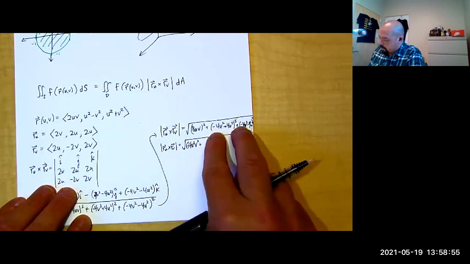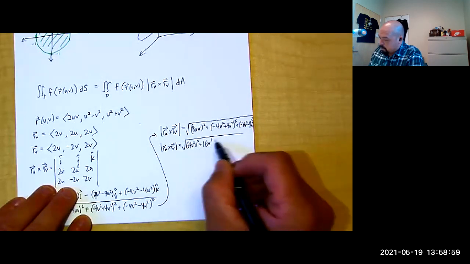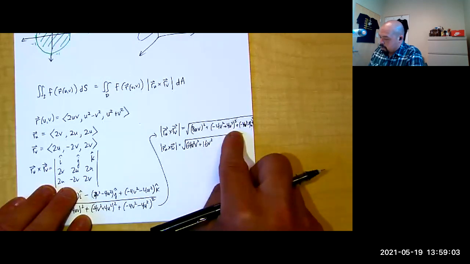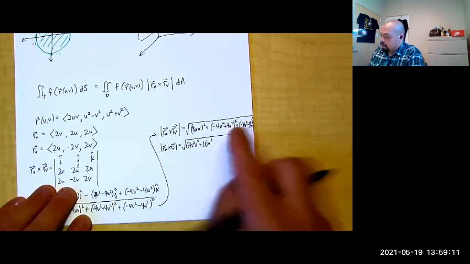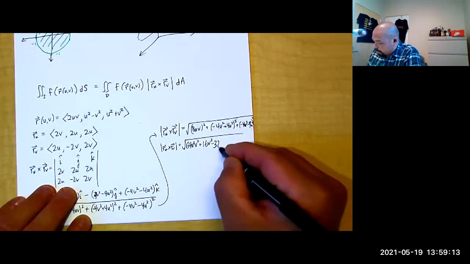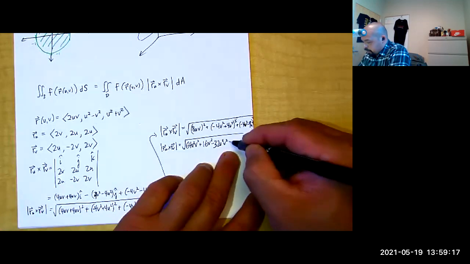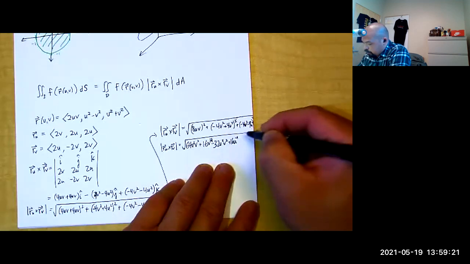Now, expanding that out, 4 times 4, we get 16 v squared, negative 4v squared times a positive 4u squared, negative 16 v squared u squared, then another 16, so minus 32, double that, u squared v squared, plus 16 u to the fourth.